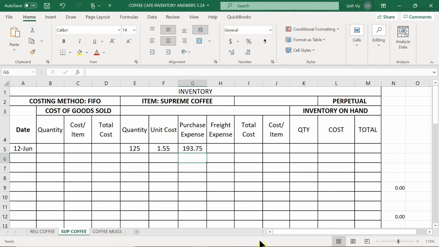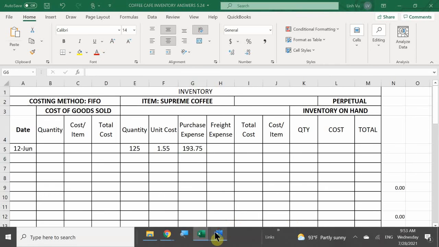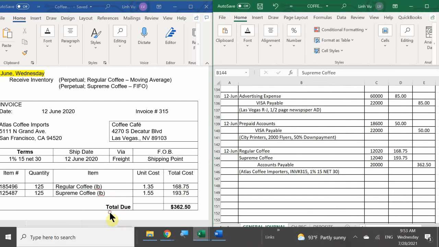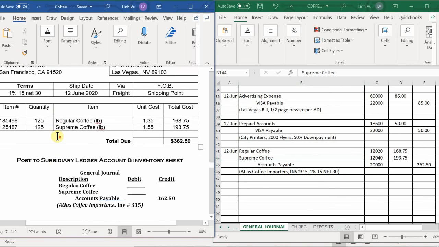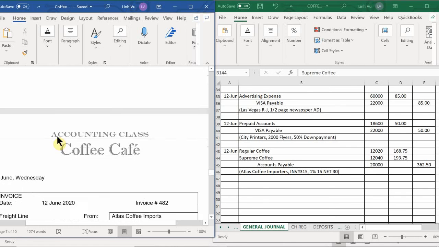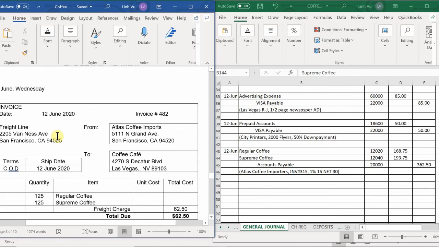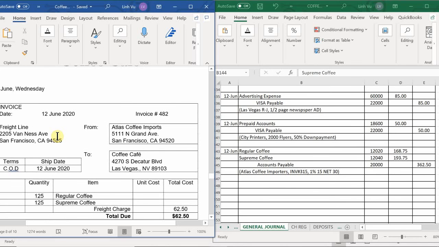So let's see what happened next. Okay. We received another bill, but what is this one for? The shipping.